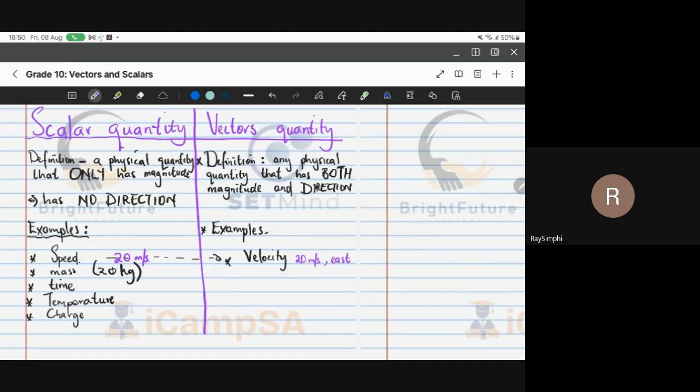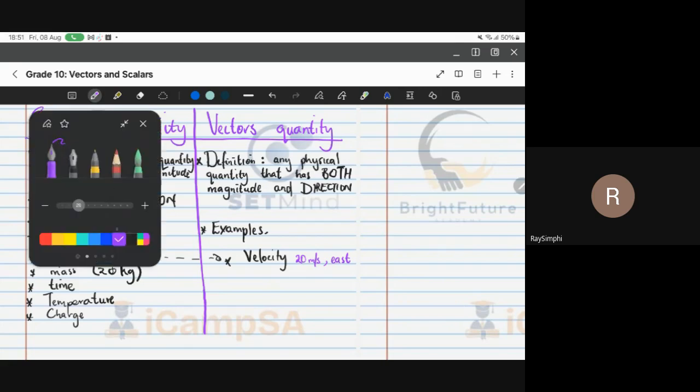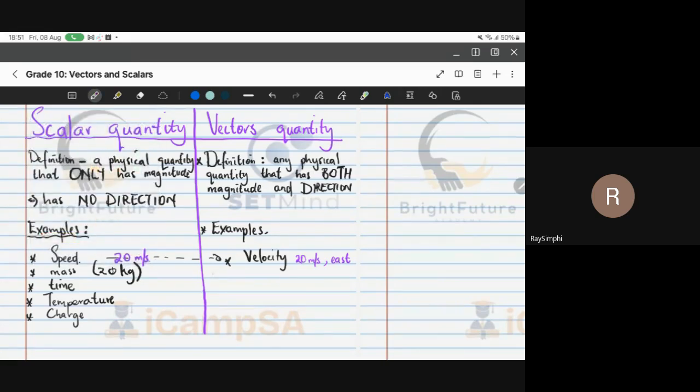Then another example of a vector. Okay, where's my pen? Good. Another example of a vector is force. Right. So remember when I said you are an aspiring physicist, a chemist, engineer, or whatever. So you shouldn't talk like the general public.